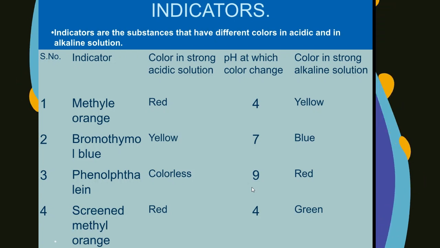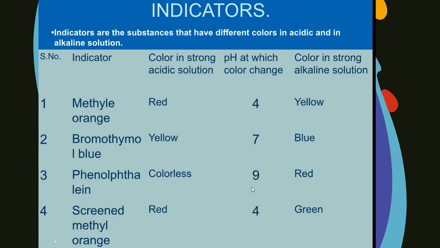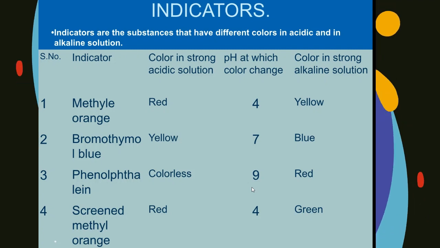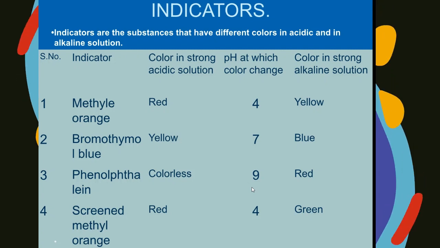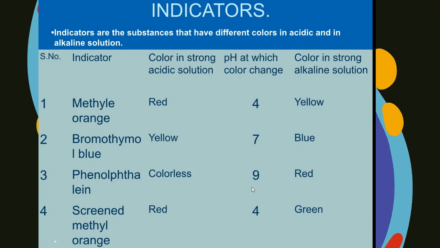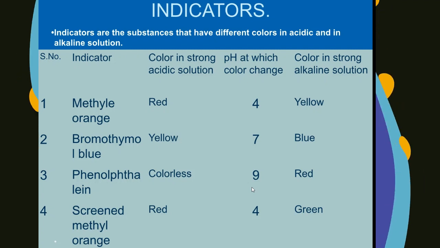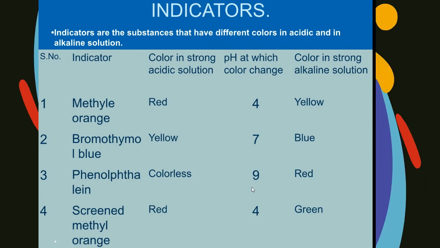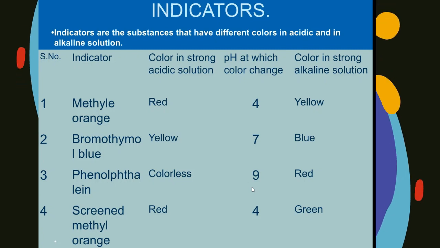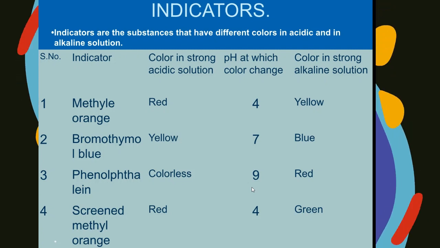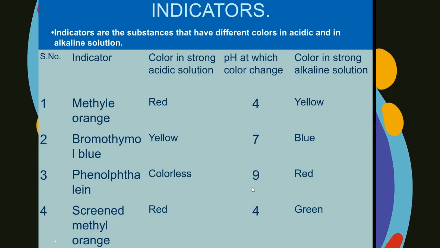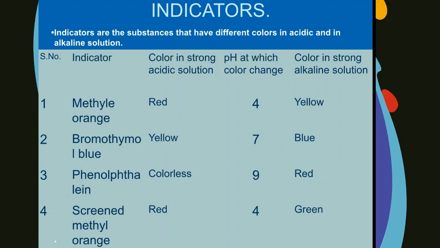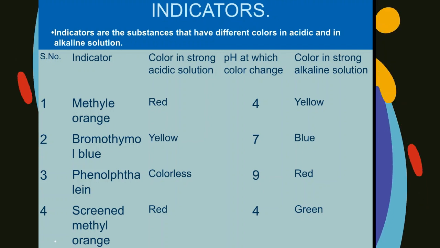There are some common indicators we use: methyl orange, bromothymol blue, phenolphthalein, and screened methyl orange. Methyl orange shows red in strong acid with pH 4, and in alkaline solution, that is strong base, it shows yellow. Bromothymol blue shows yellow at pH 7 and blue in base. Phenolphthalein is colorless in acid with pH 9, and in base it shows red.